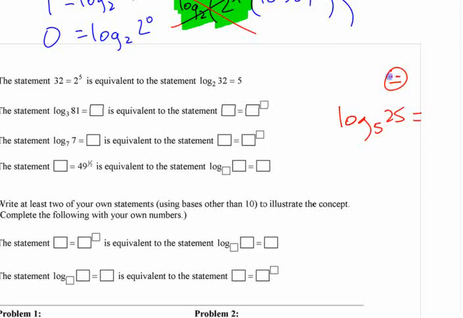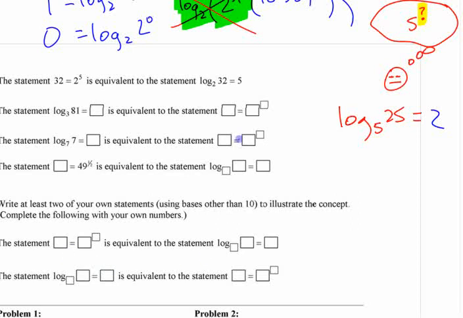You're not very awake either, so here's you thinking. You're dreaming about logarithms. You're thinking log base 5 of 25. 5 to the power of what is what I'm looking for, right? So you're looking for this. This is the number you're looking for. What power of that base? It's 2, right? You can make up your own here if you want. You don't need to fill in my examples.